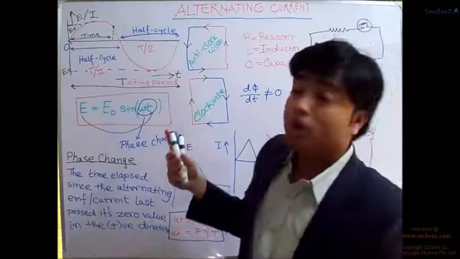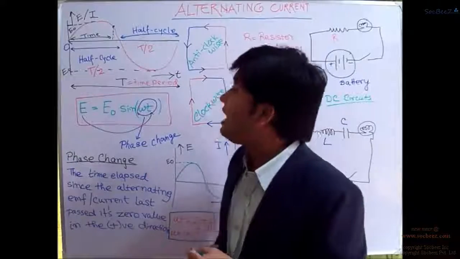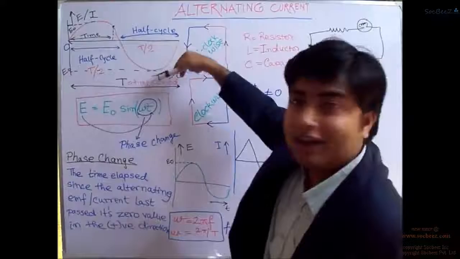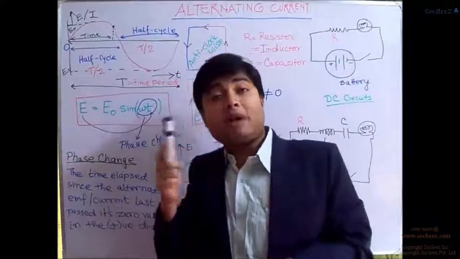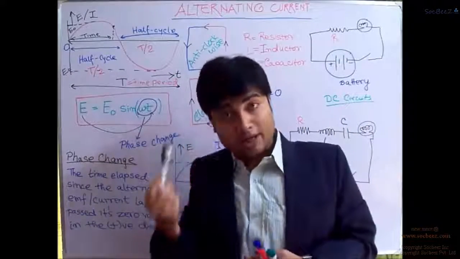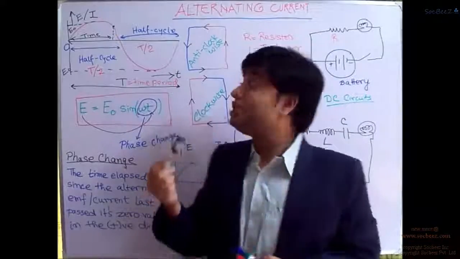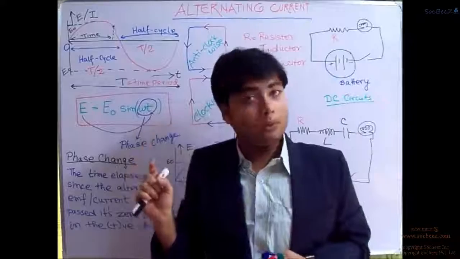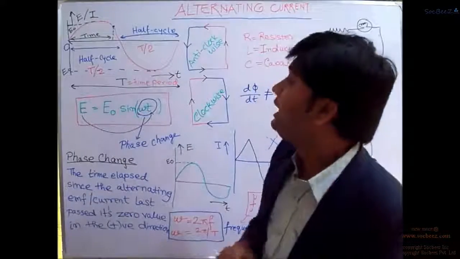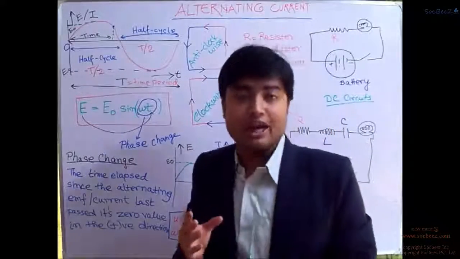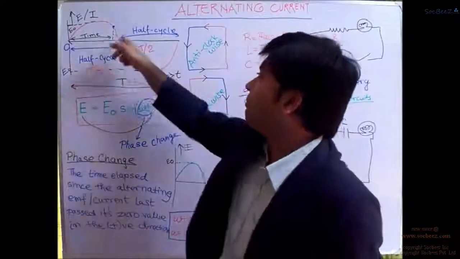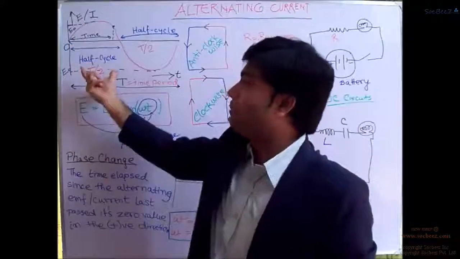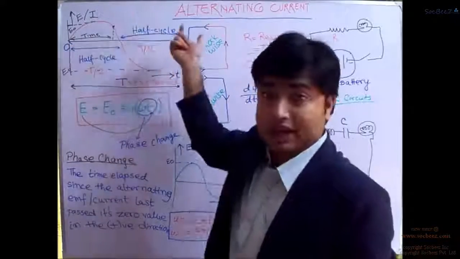So the alternating current could be defined as that current which changes its magnitude, because it is always changing its magnitude with respect to time, but it also periodically changes its phase. Every T by 2, after half a cycle, it changes its entire phase.